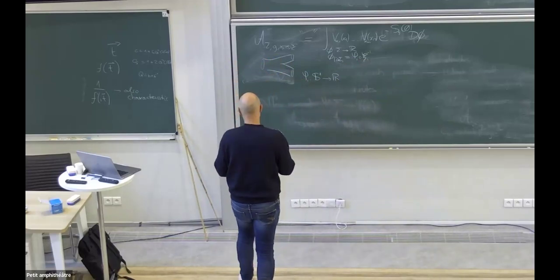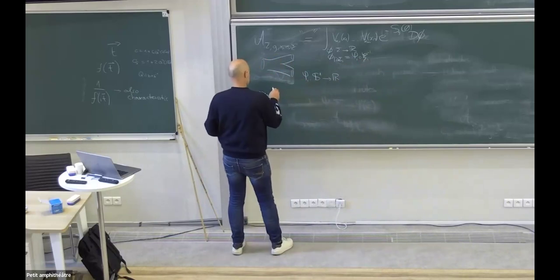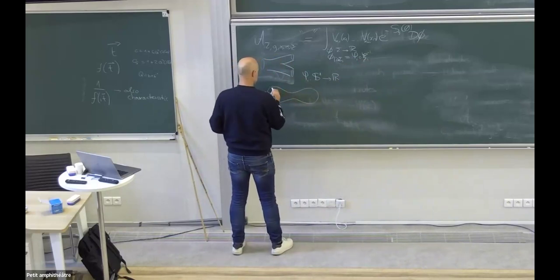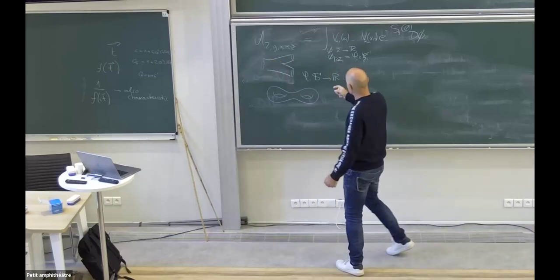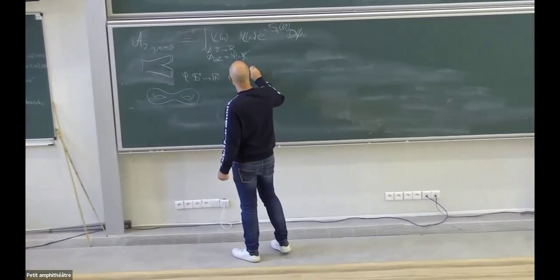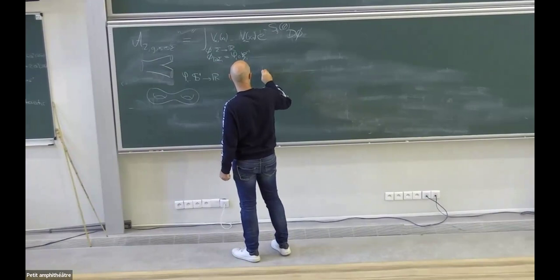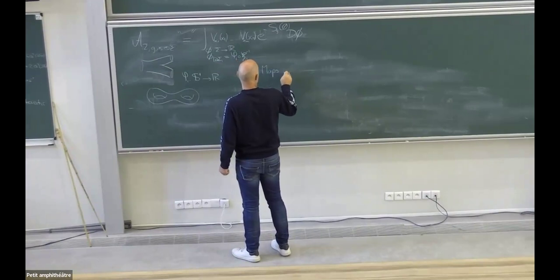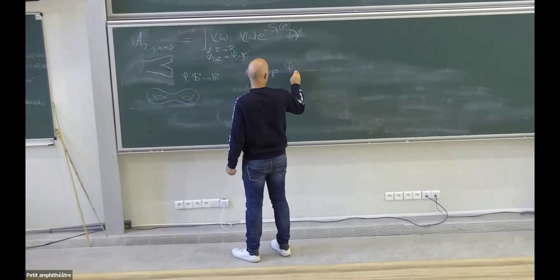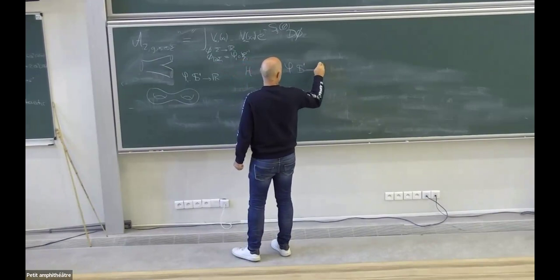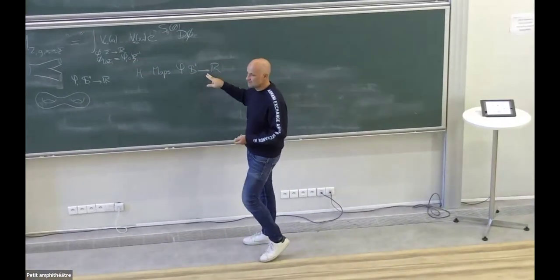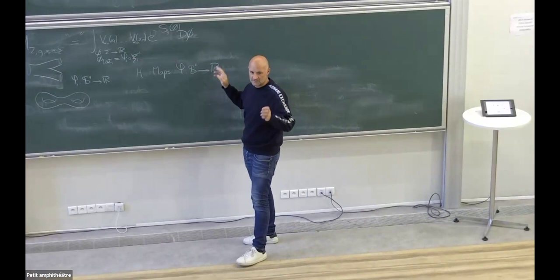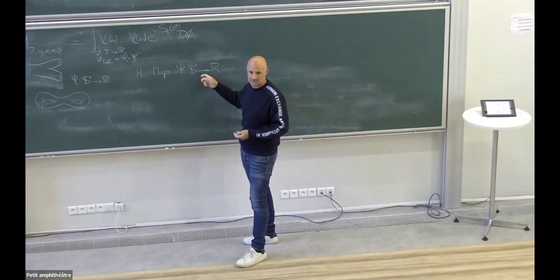Okay, and why do you want to do this? Well, because if you have, say, a surface, and so, sorry, what do you do with this? Your Hilbert space basically will be a space of maps phi defined on S1, taking values in the circle. You will have to put a measure on this space of maps to make it a Hilbert space.